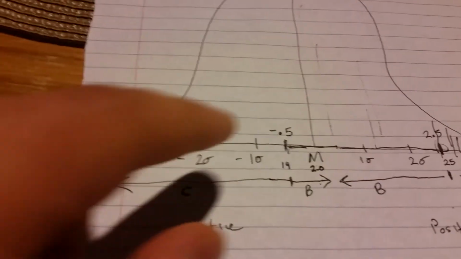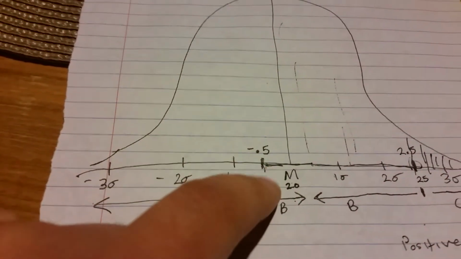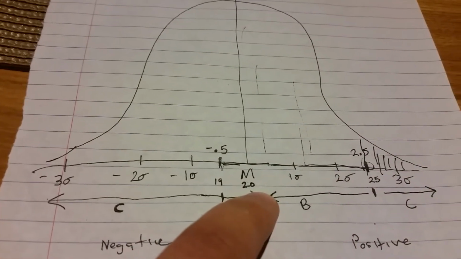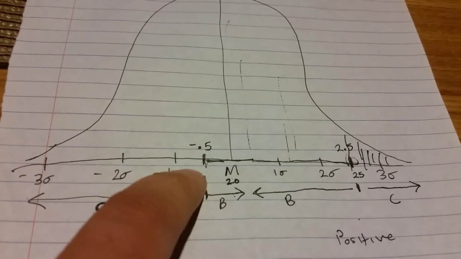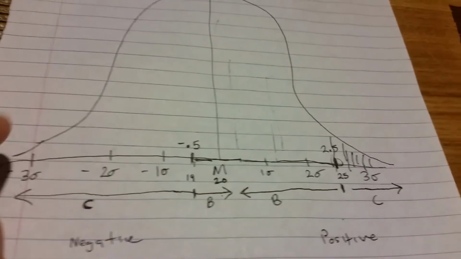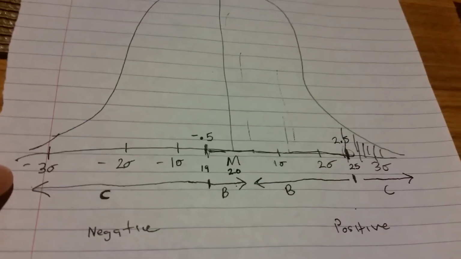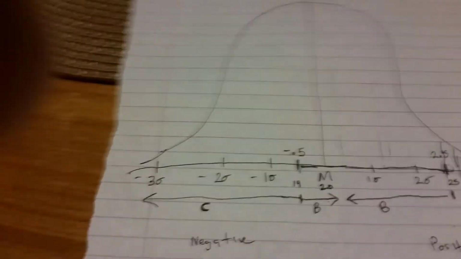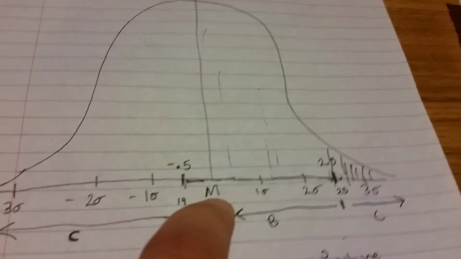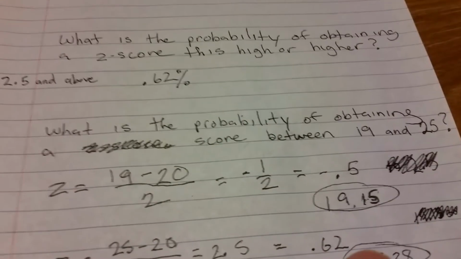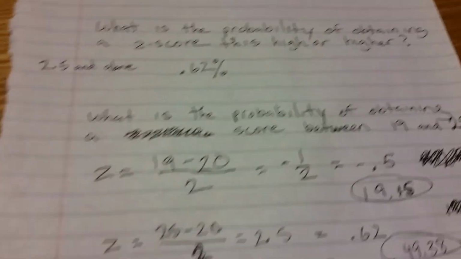Because again, look at our diagram here. We want the area from that z-score to the mean. We don't want the area from here to here. That will be the area from that z-score to the end of the distribution, which is column C. Here we want column B because we want the area from the z-score to the mean. Thus, we have an area of 19.15.